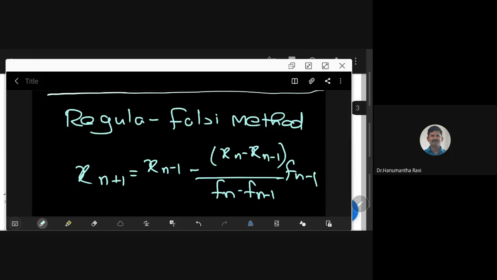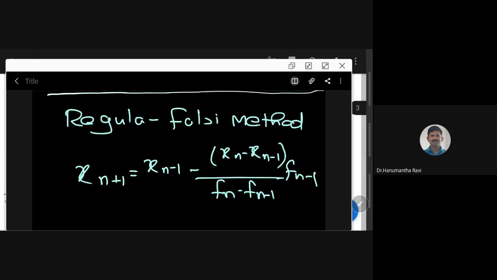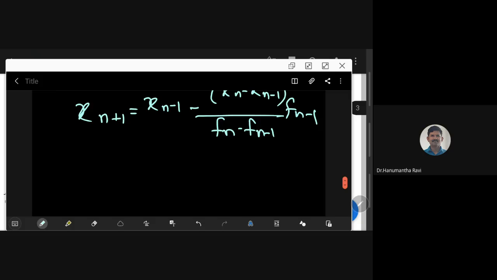I must explain what we mean by this xn. First of all, n takes values from 1, 2, 3 like that.